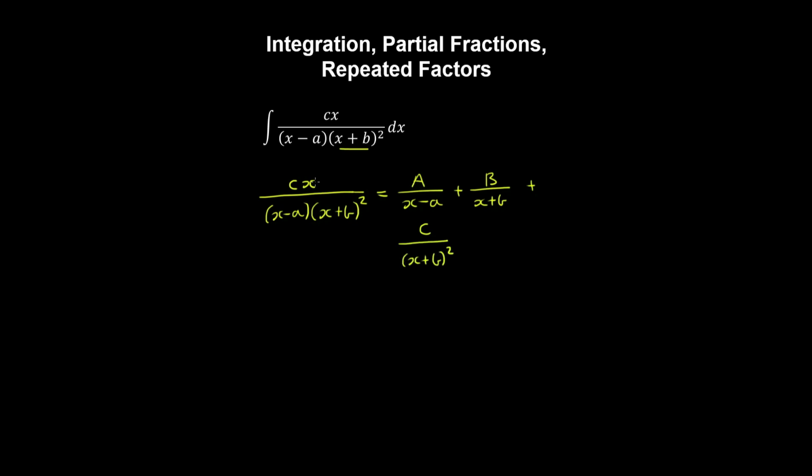So effectively we decompose the integrand into the sum of a constant on a distinct linear factor, and for the repeated linear factor we have a constant on the power of each factor. So b on x plus b and c on x plus b squared.